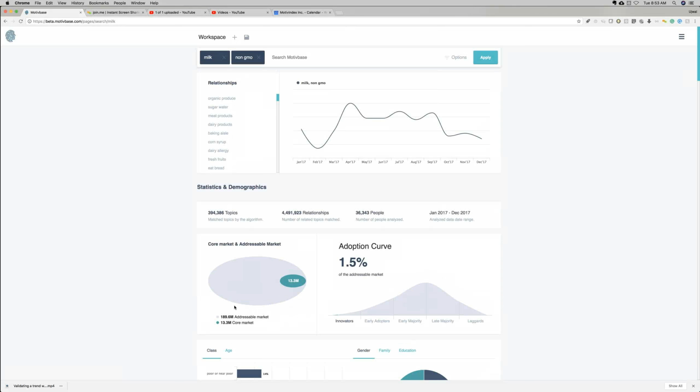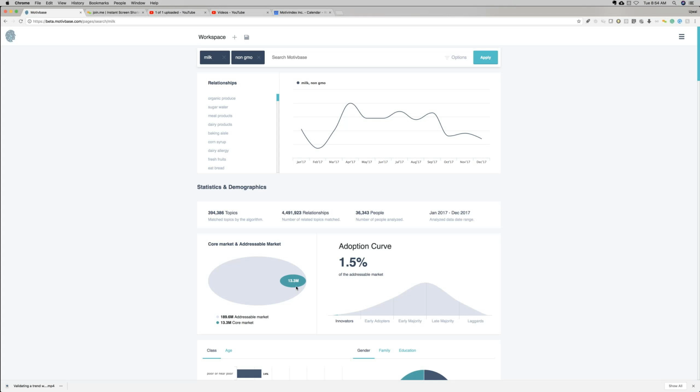And the addressable market is 189 million, which is basically the entire population of the United States between the ages of 18 and 64. And because our database, and a quick reminder, only covers consumers between the ages of 18 and 64, the addressable market is basically the entire U.S. population.